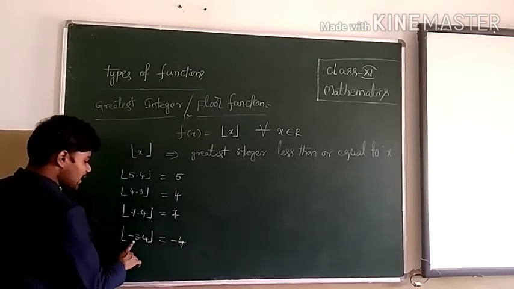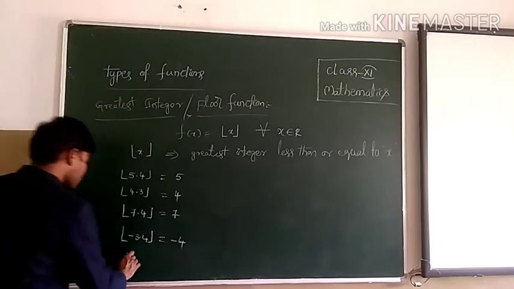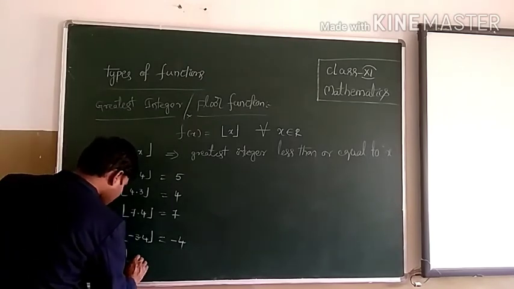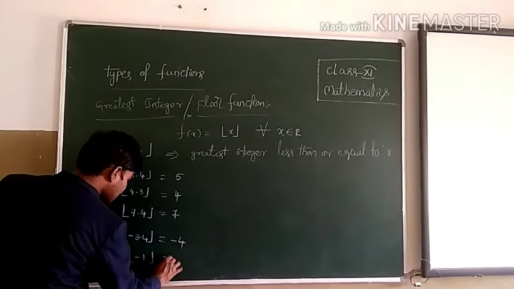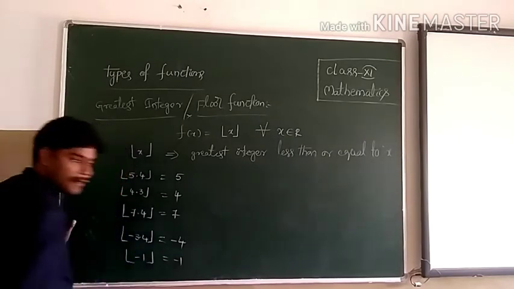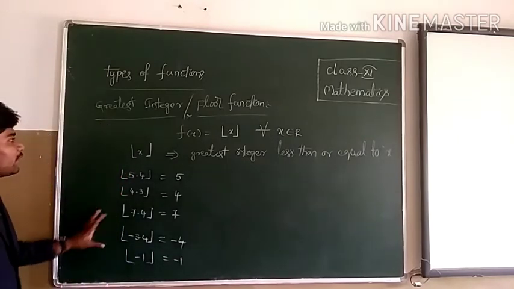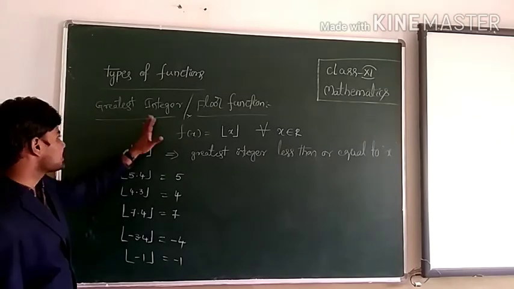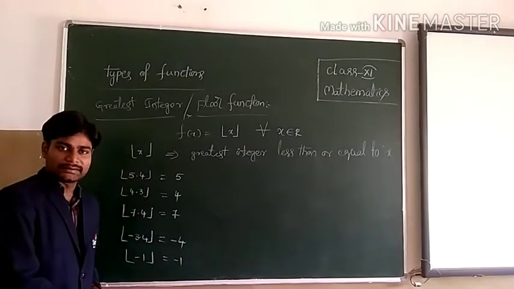Minus 4 is less than minus 3.4. Suppose you take minus 1, then this value is just minus 1. In this way we can get the greatest integer of a particular value.